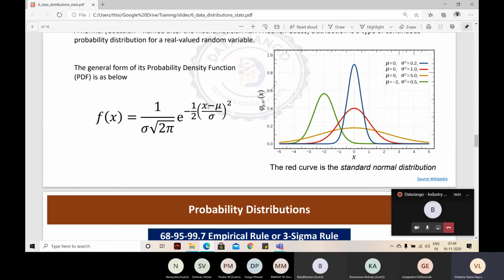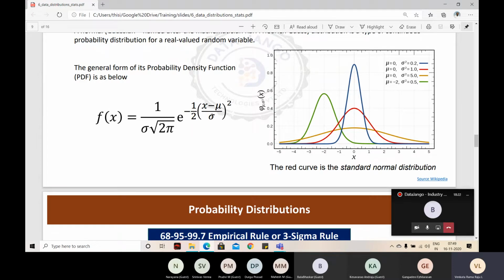If x is very far from mu, if you substitute this, it's going to be a big number. e power minus big number is going to be 1 by e power whatever, right? e is 2.37 whatever. So 1 divided by a big number is not going to be 0, but close to 0.